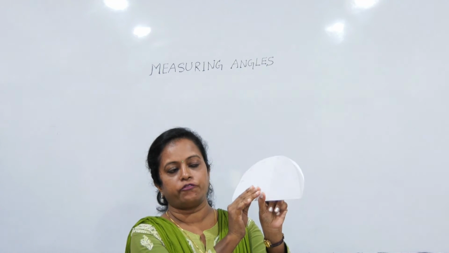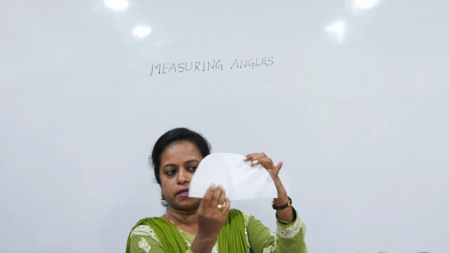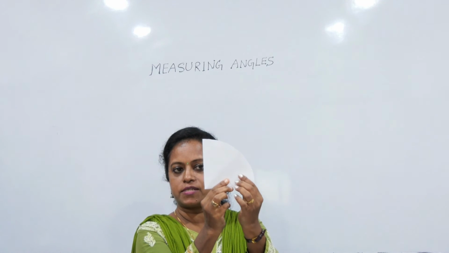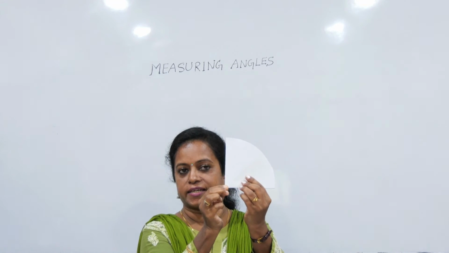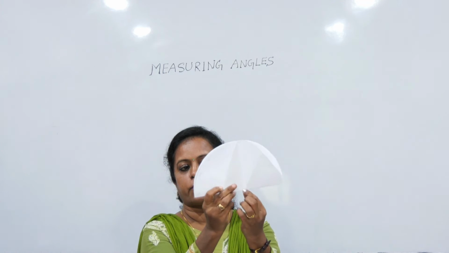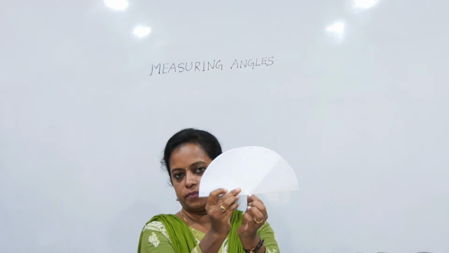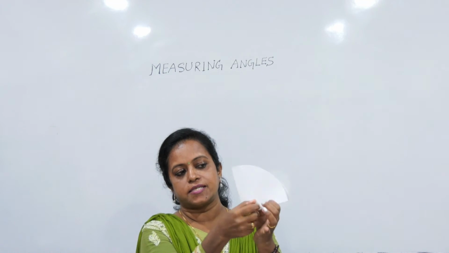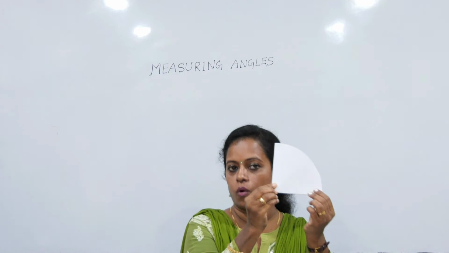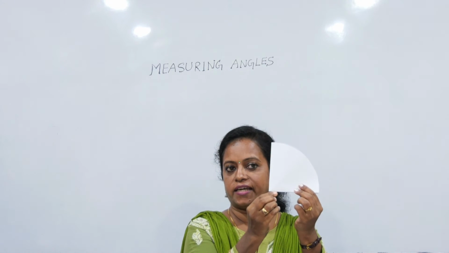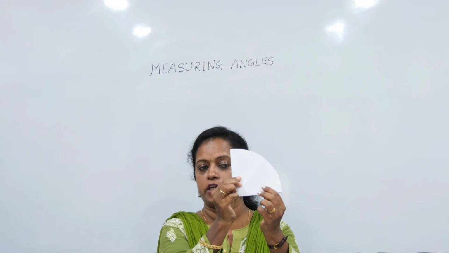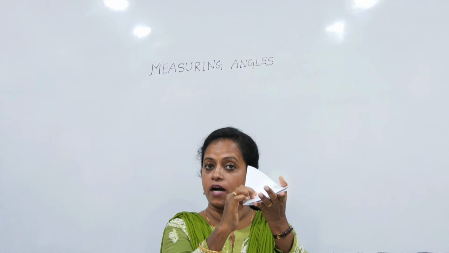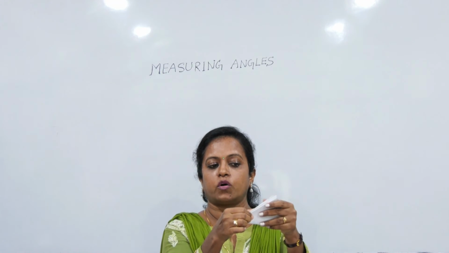And suppose you make a fold of this semicircle, just half of this semicircle, what will you get? You will get half of 180, that is 90. This midpoint will refer to 90. And this part is actually called a quadrant, which forms 90 degrees, or it is 1/4 of a revolution. Now again, if you make half of it, that is half of 90 degrees, what will you get?